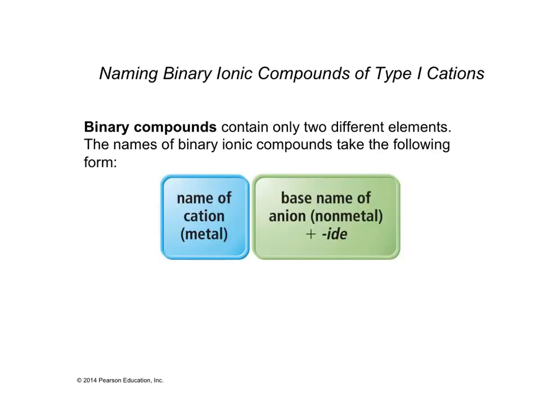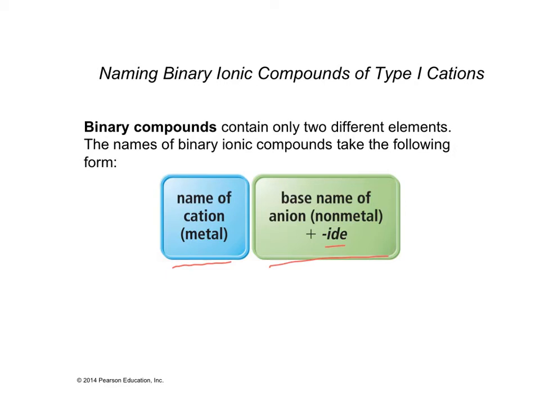So how do we name these type I ionic compounds? The first thing we're going to do is write the name of the metal, whatever metal you're dealing with in the compound. Then you write the base name of the nonmetal, the base name of the anion, and you end it with IDE.